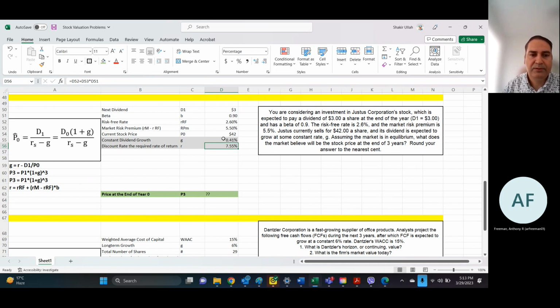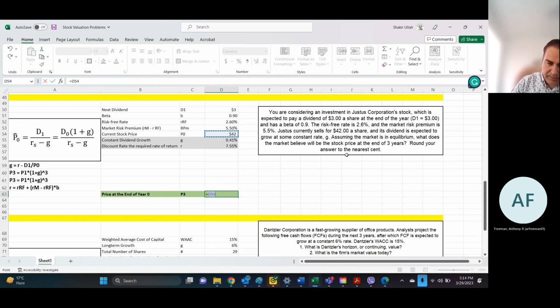Now we can use this formula to find P3, and we have all the information. So it equals P0, which is 42, multiplied by the bracket, 1 plus the growth rate, which is 0.41%, and close the parenthesis.